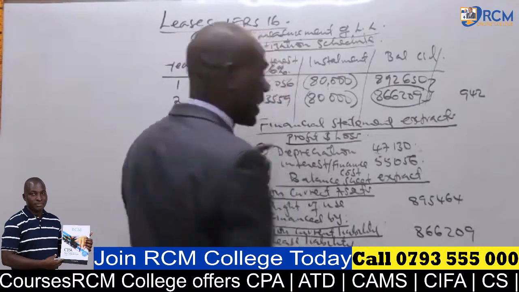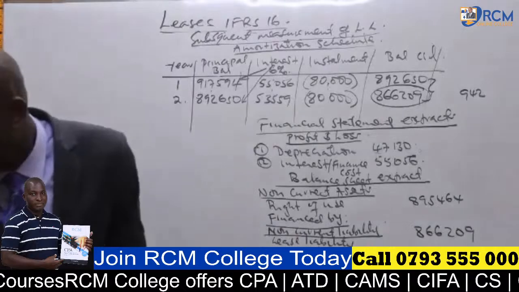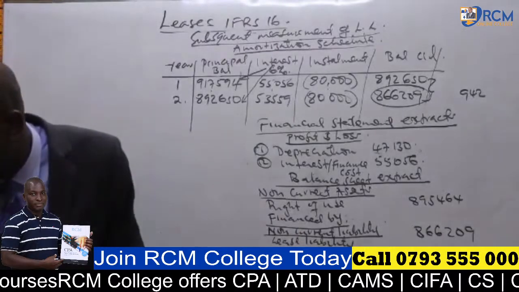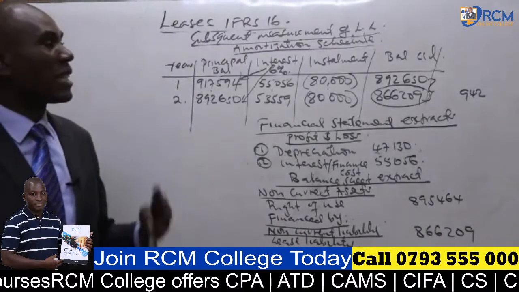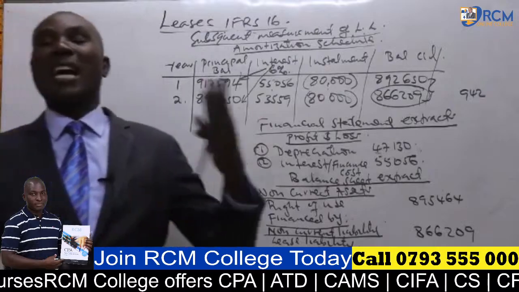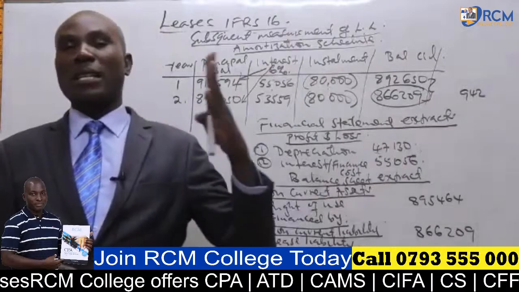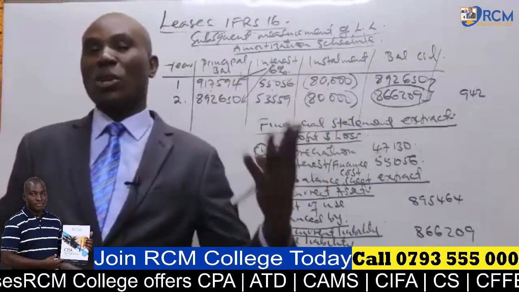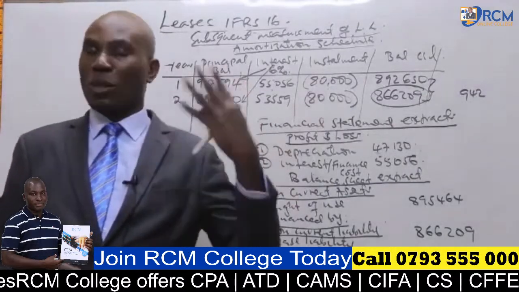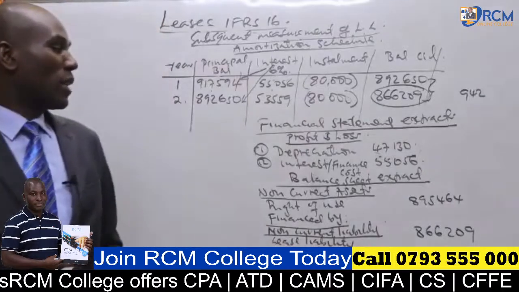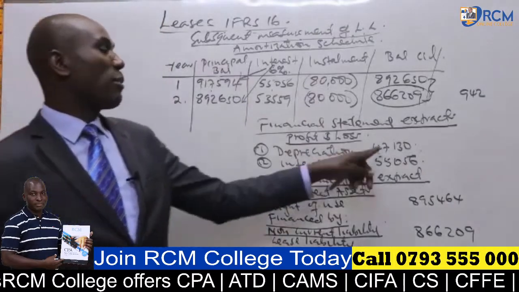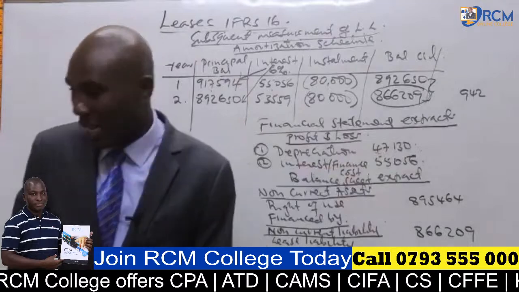For the ROU, no, we subtracted depreciation. Remember, we depreciate the asset, therefore we take the carrying amount after depreciation. 942 was the cost at initial recognition, but subsequently we subtract depreciation. Depreciation was 47,130.